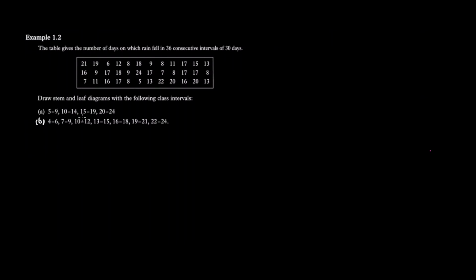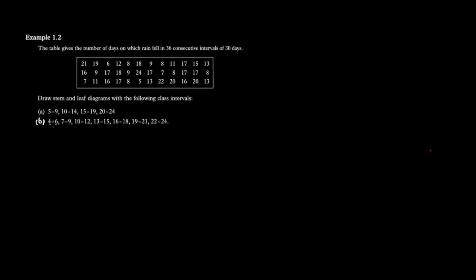That means we have a width of 5 units, or here a width of 5 millimeters, since we can assume that rainfall is measured in millimeters.